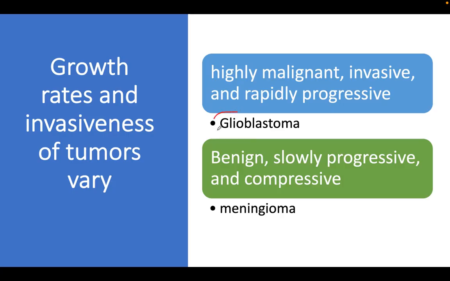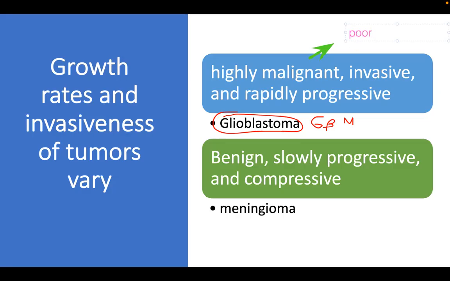A glioblastoma multiforme, which we commonly refer to as GBM, is highly malignant, it is highly invasive, and it is rapidly progressive. In other words, this tumor has a poor prognosis.